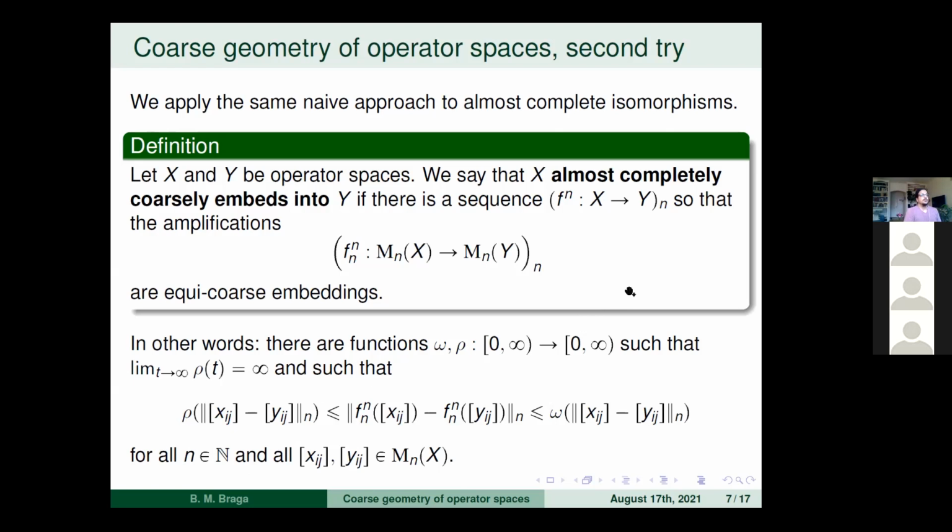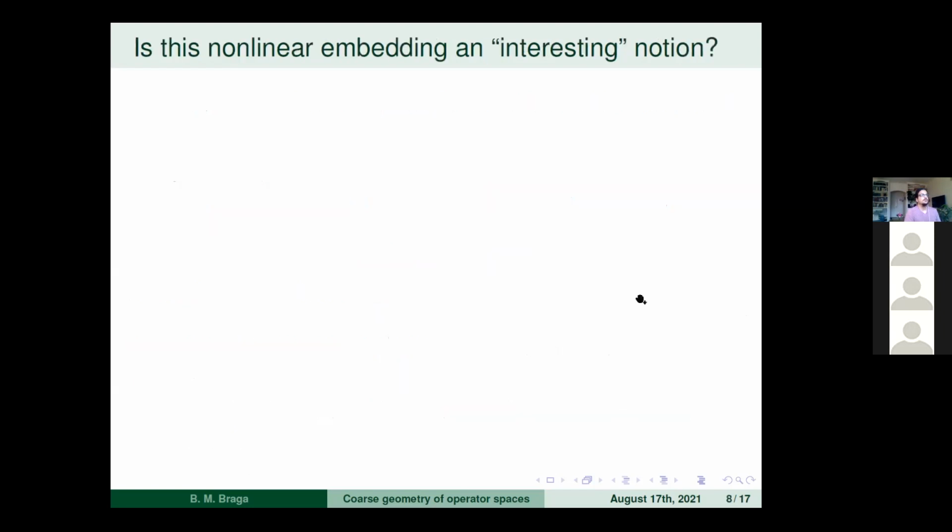So we have this new notion of coarse embeddability, but of course, it may be the case that this also leads us nowhere. So is this interesting now? And again, what is interesting? I would say that for a nonlinear notion to be interesting, there are at least two things that should happen.